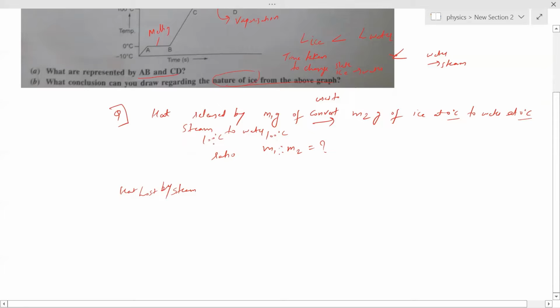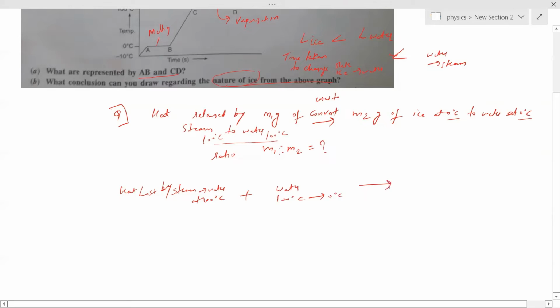So that's 100 degrees Celsius to water. That is change in phase only, na? So steam to water at 100 degrees Celsius. Anything else? Plus the final temperature is 0, na? So plus water from 100 to 0.